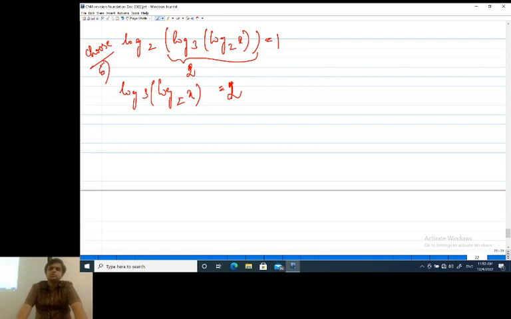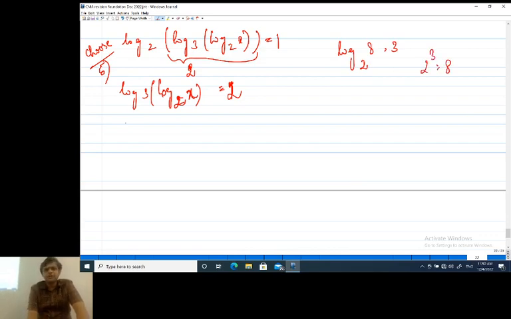First or second line? I have written the bracket as it is. When I say log of 8 base 2 is 3, what do I mean? 2 cubed is 8.